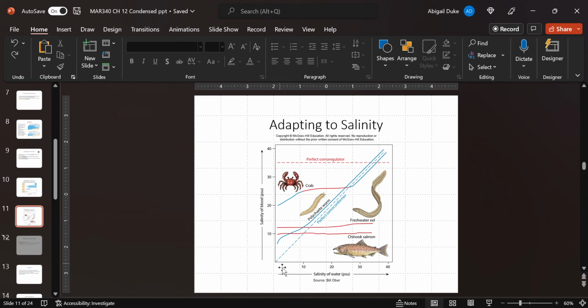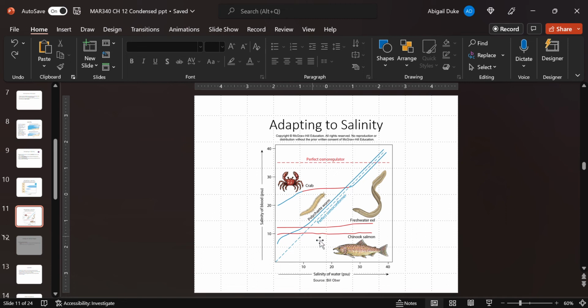So yeah, you have a perfect osmoconformer. So it's saying the salinity of the water, the salinity of the blood. Then a perfect osmoregulator, it stays completely straight.